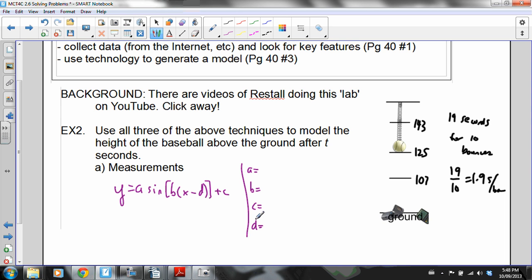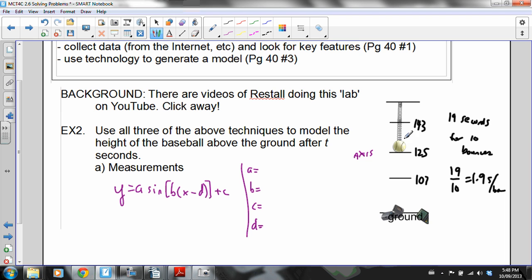What's the amplitude? This is the at rest, and we also call that the axis. Early on I also called it the resting point. This application makes sense: if the ball was at rest, it's 125 centimeters. It's also the average height.